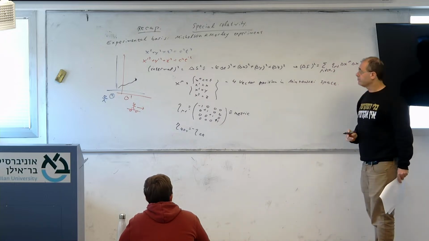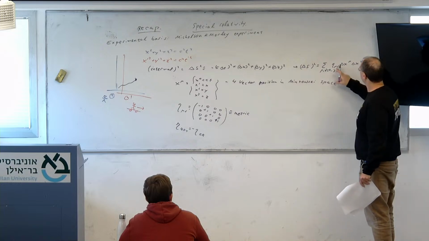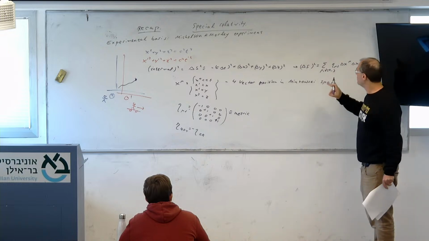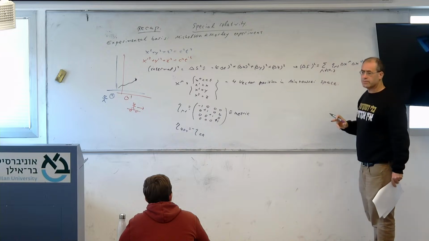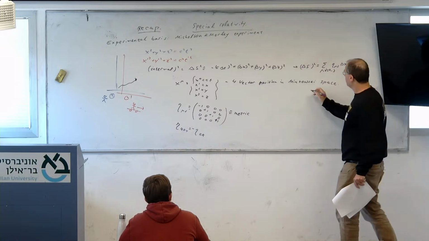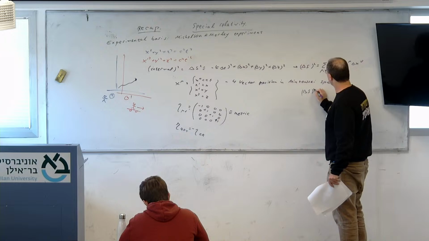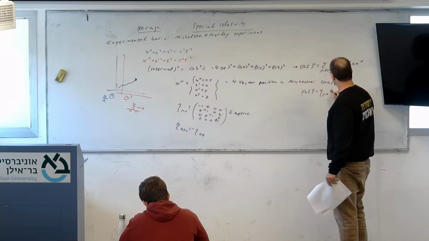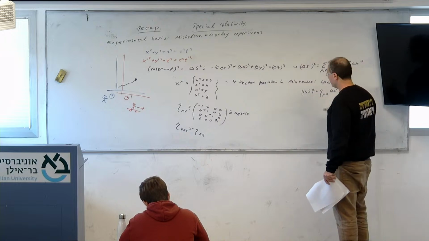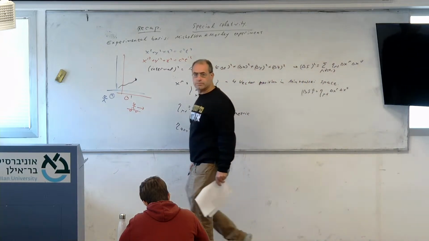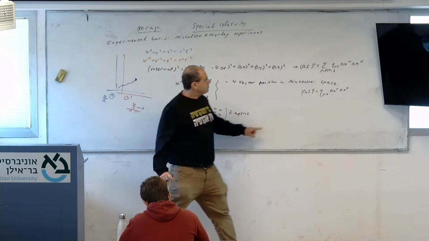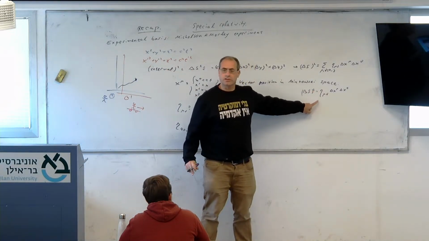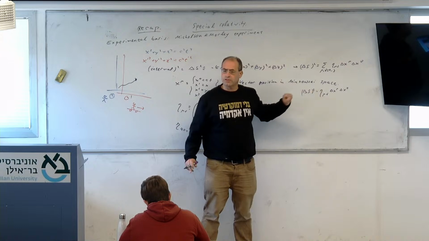To make our life simpler, when we see the same index appearing twice on the same side of an equation, once as a lower index and once as an upper index, we understand that there is a summation, so we don't need to write it down. So delta s squared is just eta mu nu delta x mu delta x nu. And I stress again, if you get confused, which could happen at the beginning, simply add a summation when you see two indices on the same side, once up, once down.